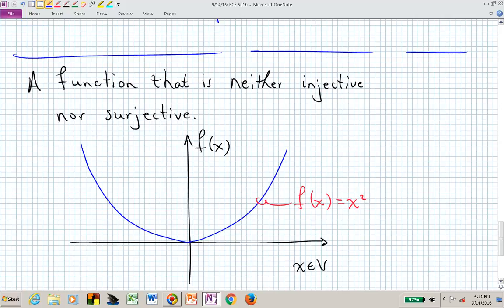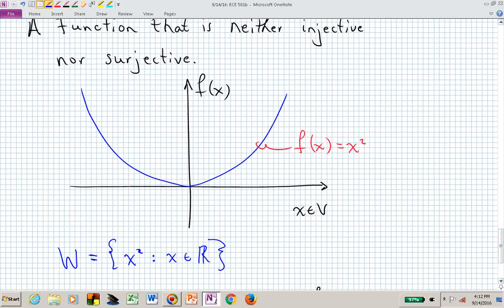And we said, if we just looked at a one-dimensional case, if we had a horizontal line and it passed through the function more than once, then it's not one-to-one. If we draw a horizontal line, there are two intersecting points, so we can find two different values of x in our input vector space that will give us the same output value. So this one's not injective because it's not one-to-one.